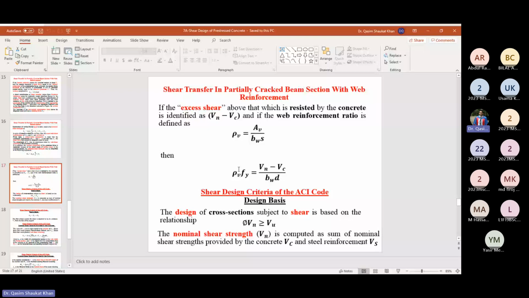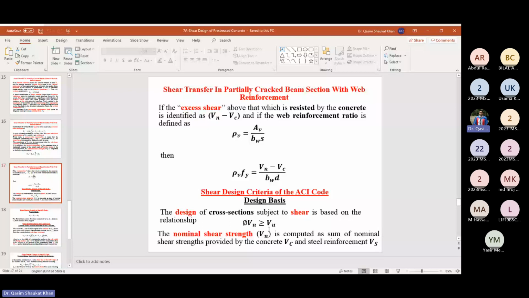So the design basis, based on the ACI code, is that the design shear strength phi Vn, which is the sum of the nominal shear strengths provided by the steel and the concrete multiplied by the strength reduction factor phi, should be equal to or greater than the applied shear.